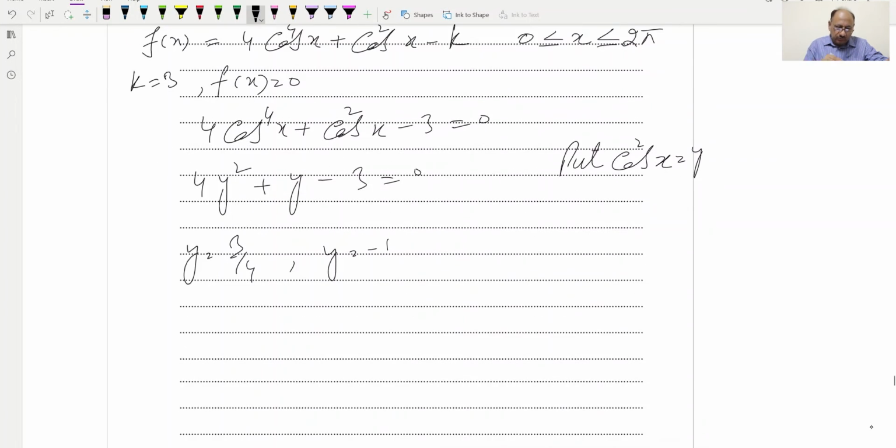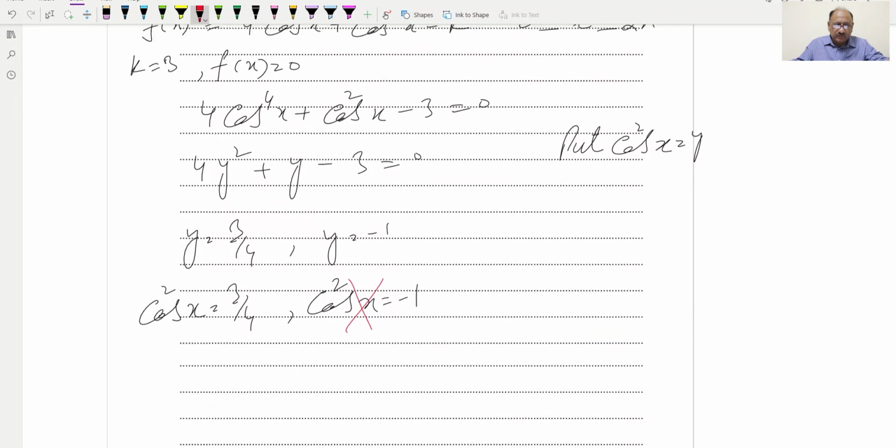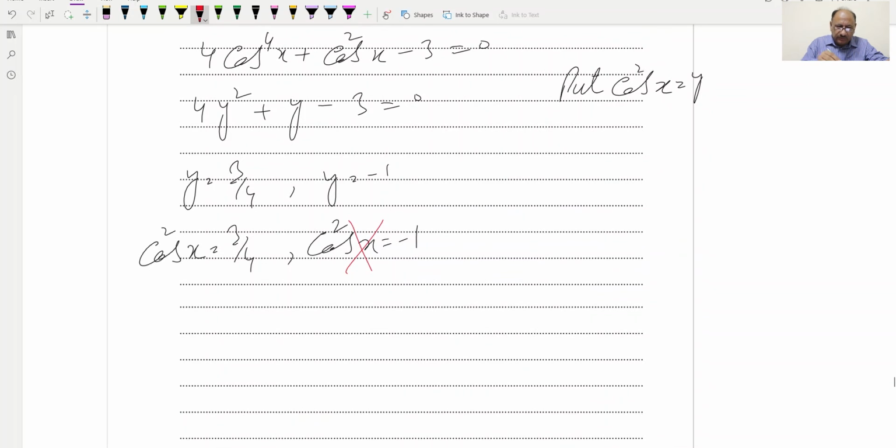So cos square x is equal to 3 by 4 and cos square x is equal to minus 1. A negative value for a square is impossible, so we are rejecting this. Next we write cos x equal to plus minus root 3 over 2.